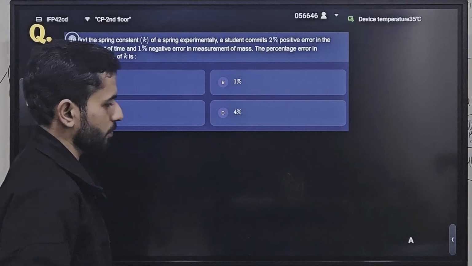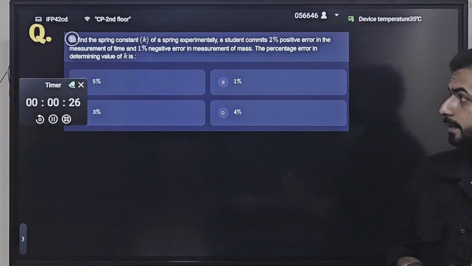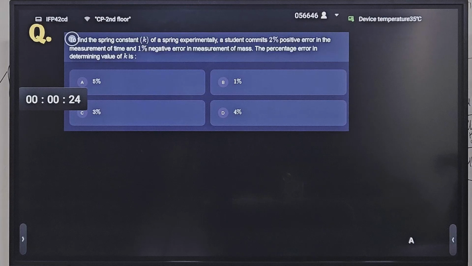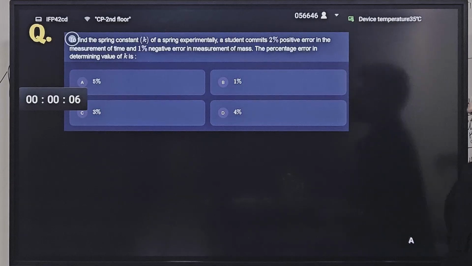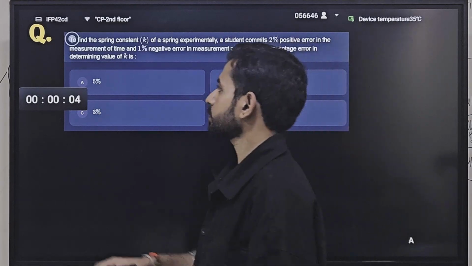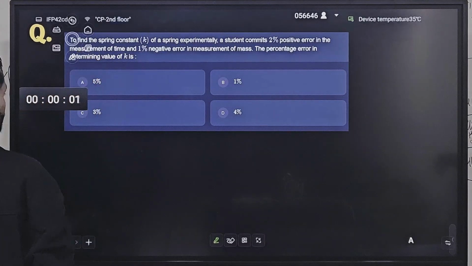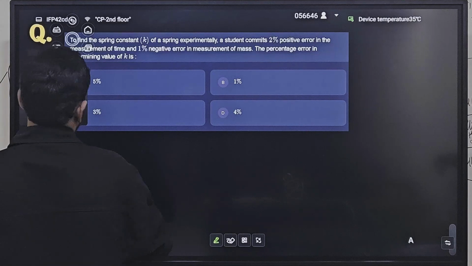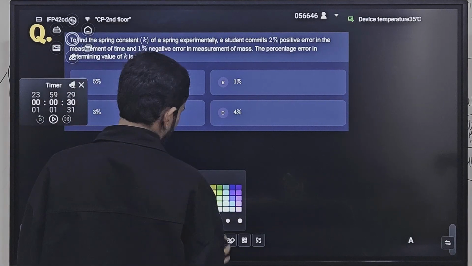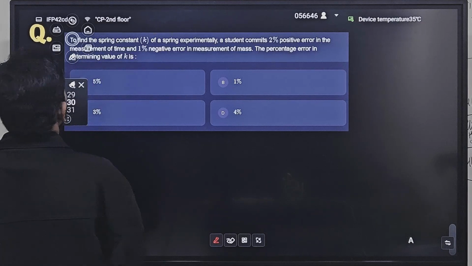Okay, solve this question. Have you got the answer? How many of you? Tell me in the comment section.